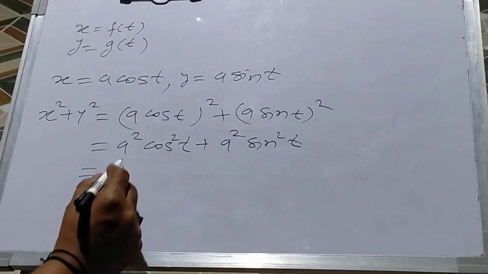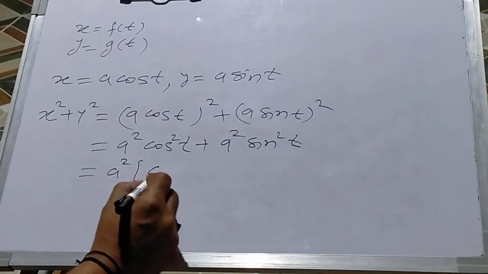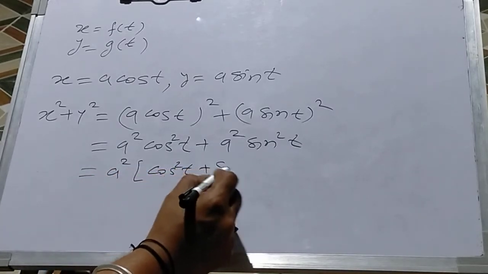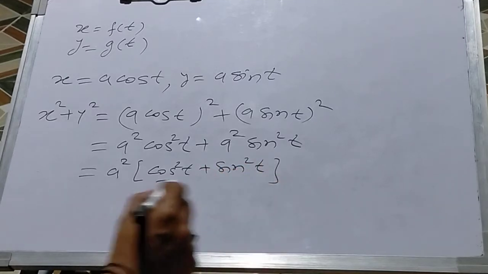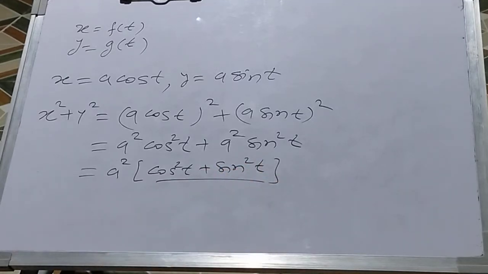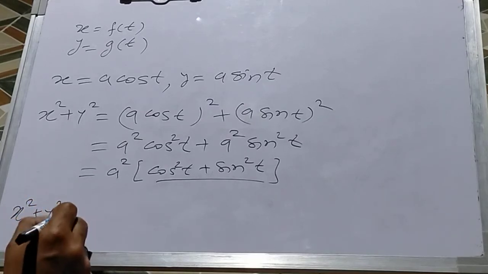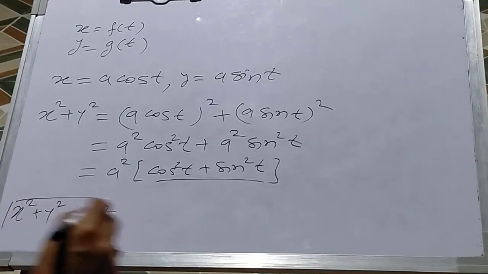Now put a square common. So here cos square t plus sin square t, and the value of cos square t plus sin square t is 1. So here x square plus y square equals a square.